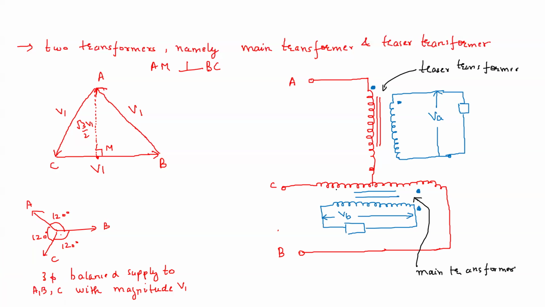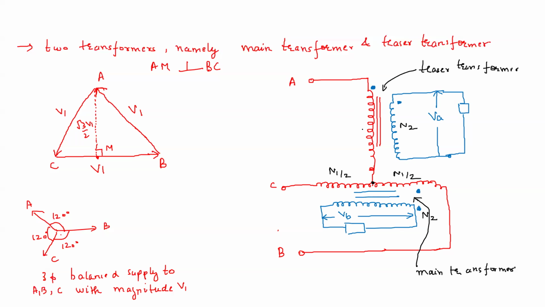Because this is taken at the midpoint, let us say this is N1 by 2, N1 by 2. The total turns of this main transformer is N1, and the total turns on the secondary side of this main transformer is N2.